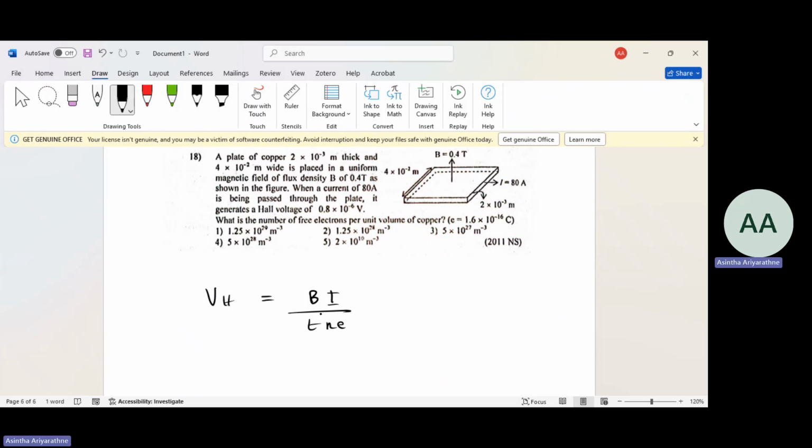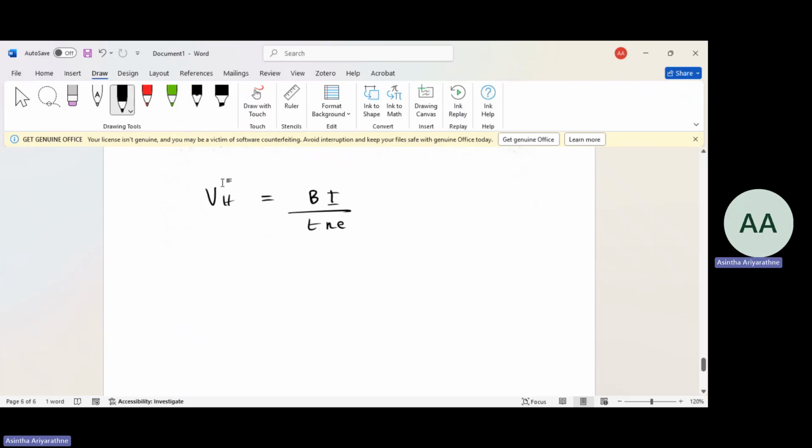Here t is the thickness in the direction of the magnetic field, right? If you don't remember this equation, that's all right. You can start from the basic principle where F_E is equal to F_B and come to this expression. They're asking about t, the thickness.